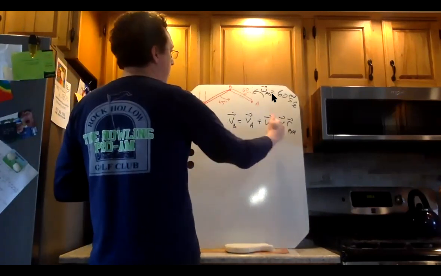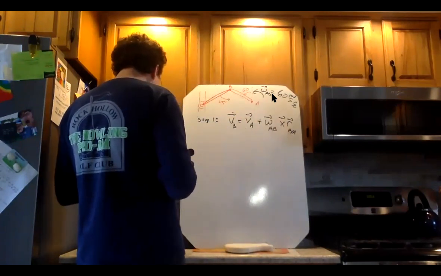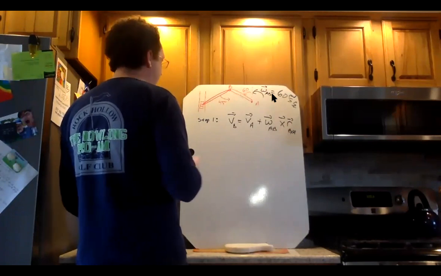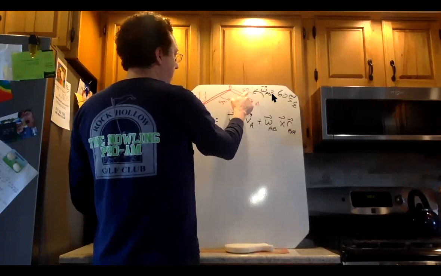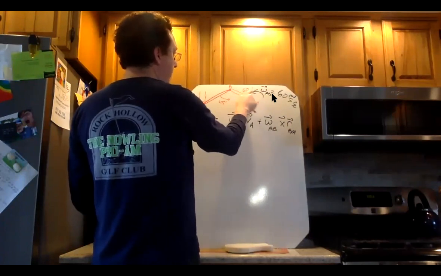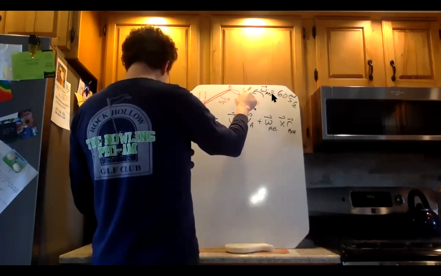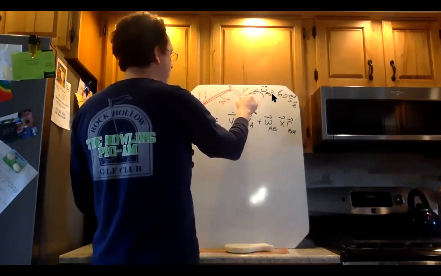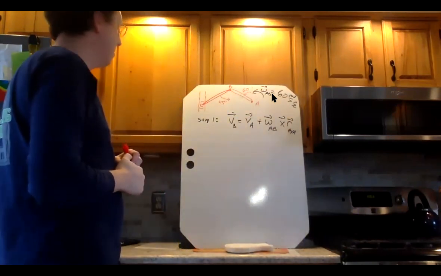Now what about RAB? Well, for RAB, you have to kind of look at it, and I see that in the X direction I'm going to use sine of 60, and in the Y direction I'm going to use cosine of 60. How do you know they're negative or positive?